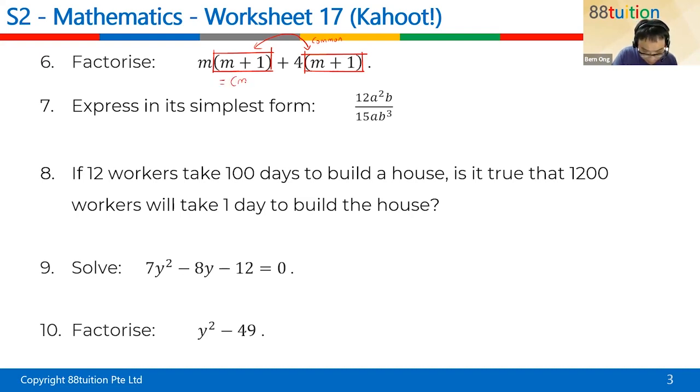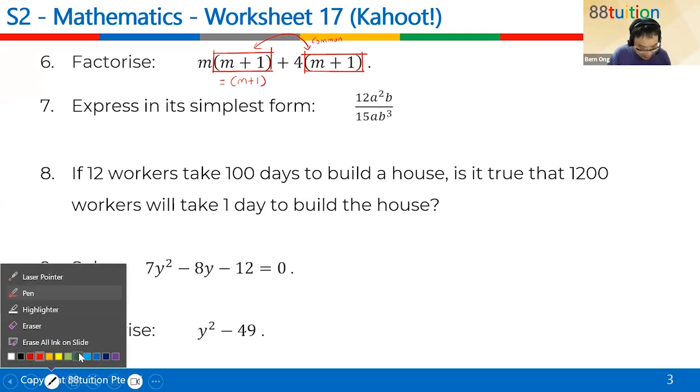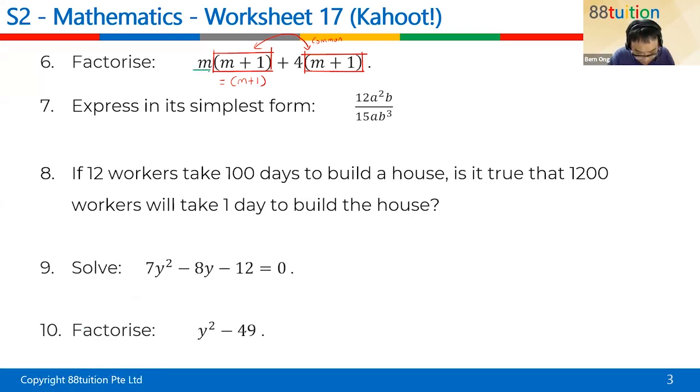Take the common term out. And the remaining item, which is M plus 4, put in another bracket like here. Can you see? So this is your answer. You don't have to expand. You put the common item together, the remaining item put in a bracket. This is actually called taking out the common term.